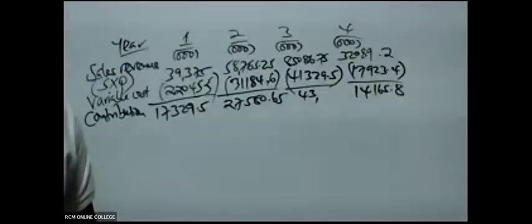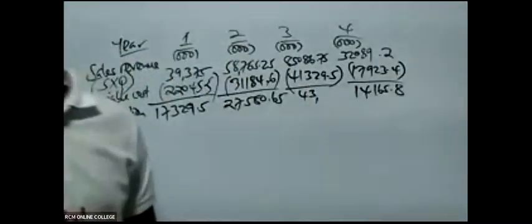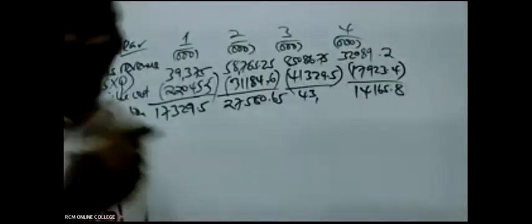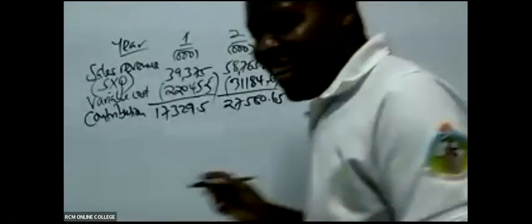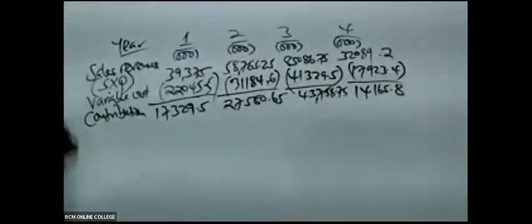Cecilia is getting 43,727. 758.75. We shall overcome. Great.